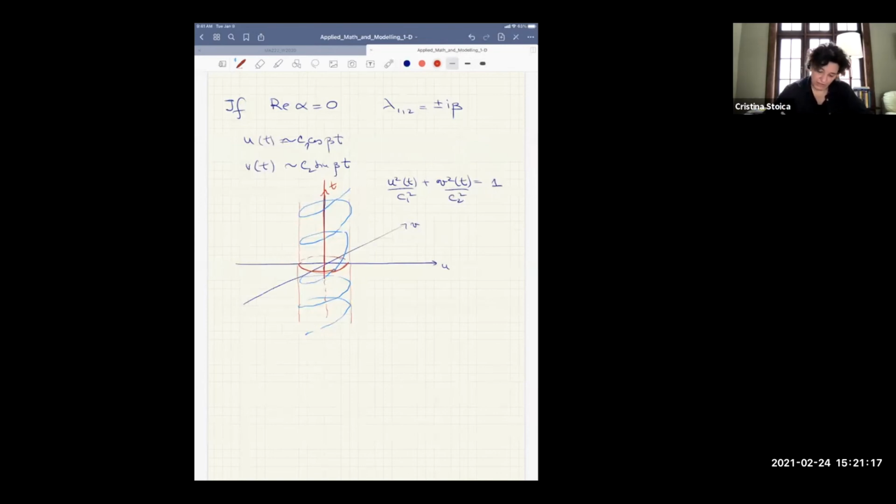So if I'm looking just in the u, v coordinates, I will see here the equilibrium, and for us here would be that guy like that. So we're really going to see just this. Okay, so I have to decide which way, let's say it is going this way.